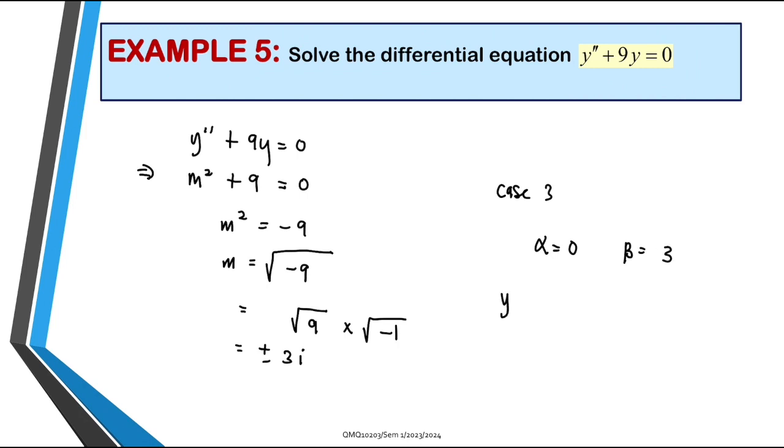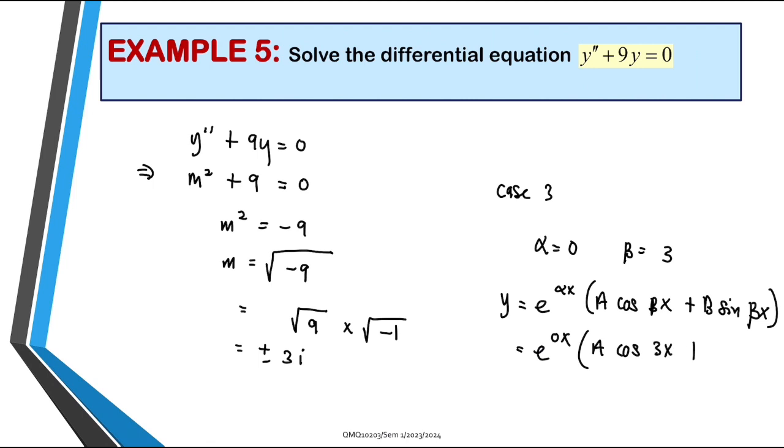So the solution will be e^(alpha x) (a cos beta x plus b sin beta x). So now we have e^(0x) (a cos 3x plus b sin 3x). So e^(0x) is 1, so final answer is a cos 3x plus b sin 3x.